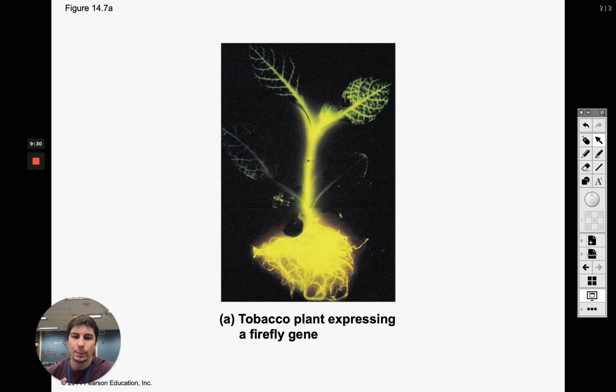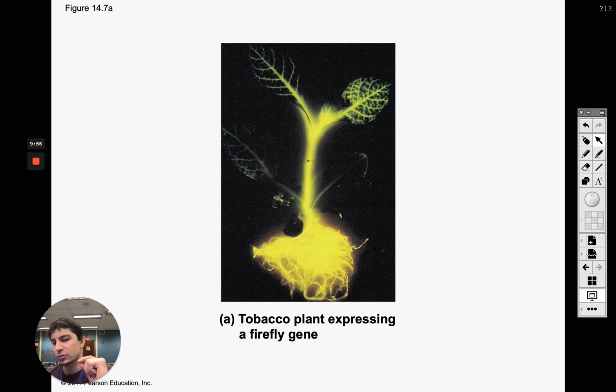But what bioluminescence is some organisms like jellyfish or lightning bugs, fireflies, or if you guys have ever seen the anglerfish from Finding Nemo with the little thing on the front. But anyway, so all these organisms have bioluminescence in them.